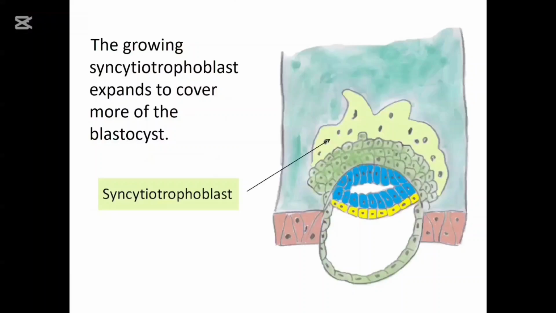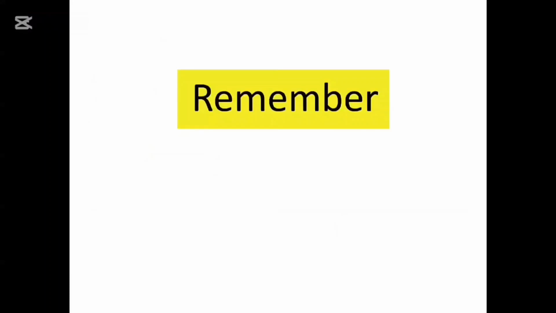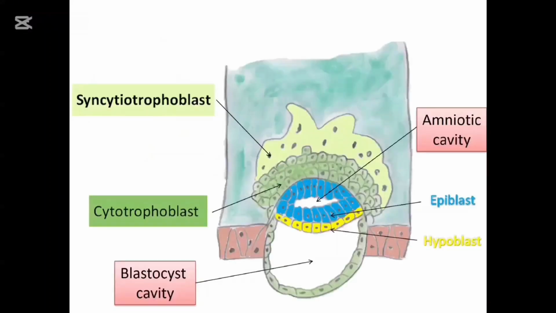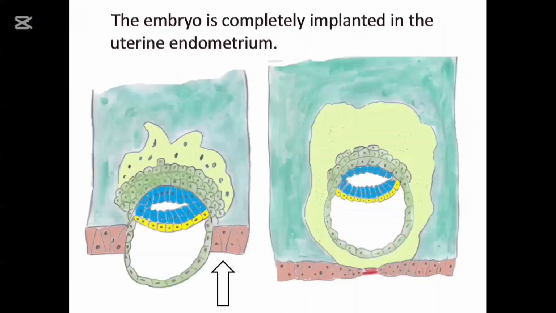Syncytial trophoblast will cover more and more of the blastocyst. Remember: syncytial trophoblast, cytotrophoblast, amniotic cavity, blastocyst cavity, epiblast, and hypoblast. Implantation continues, and the syncytial trophoblast will surround the whole future embryo.